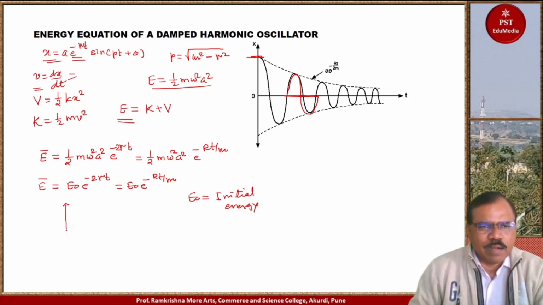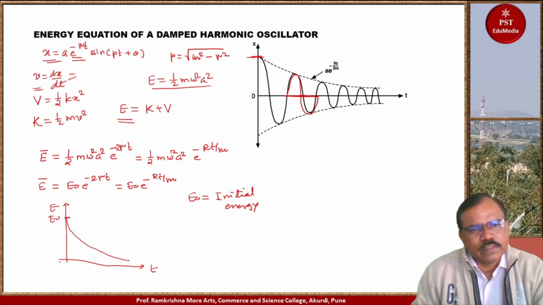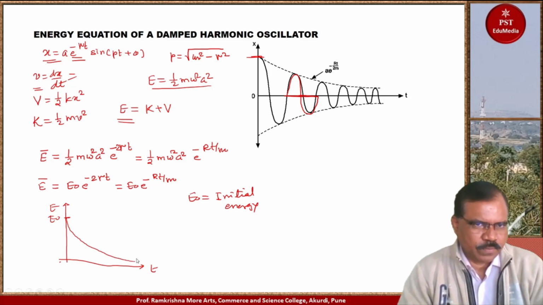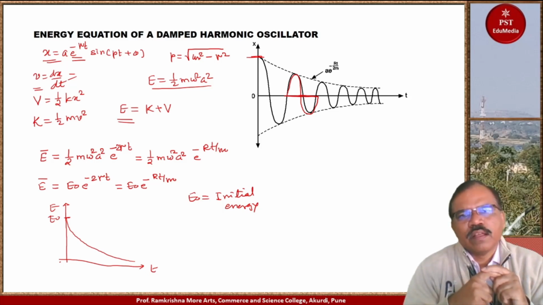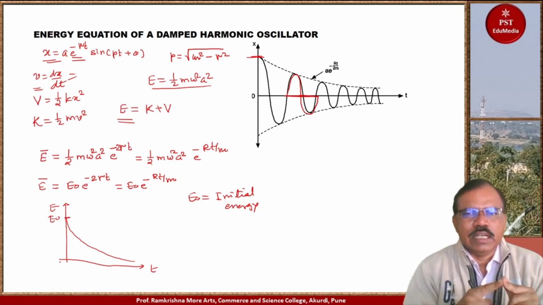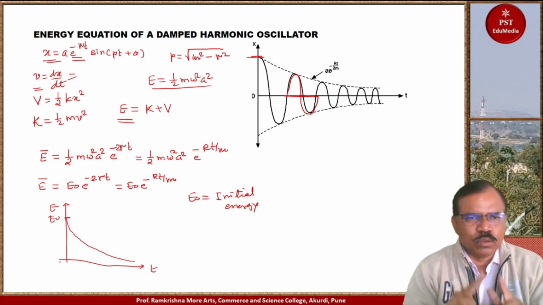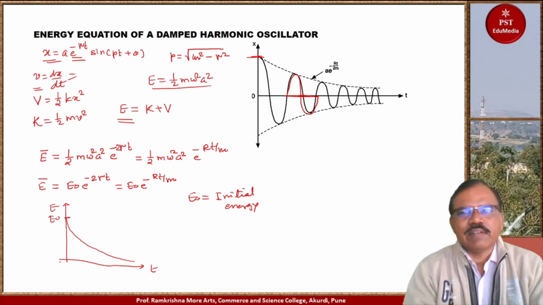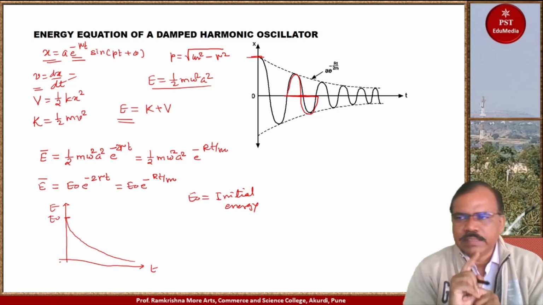So if we plot graph of energy versus time, at t is equal to 0, it is E0 and it decreases exponentially. So energy of the oscillator decreases, means what? Energy of the oscillator is used to overcome the external resistive force due to medium. That's why energy of the oscillator decreases with time.